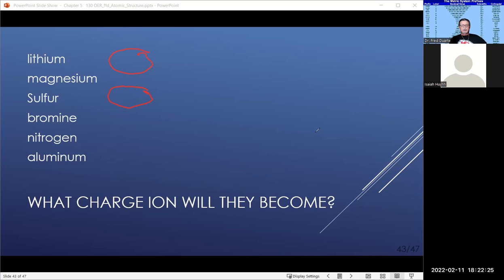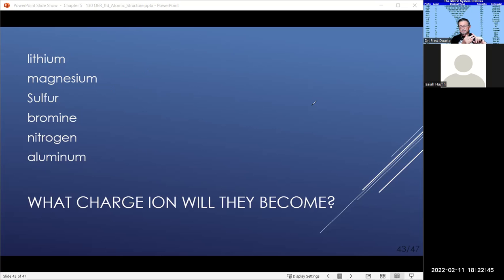All right, so here, basically they're asking you what is the charge, what it becomes. So step-by-step solution: 1, identify whether it's a metal or a non-metal. Once you know it's a metal, then you know you're going to lose electrons. Once you know it's a non-metal, it's going to gain electrons.